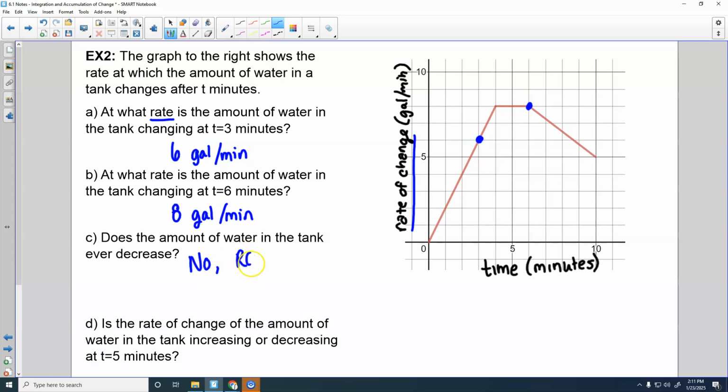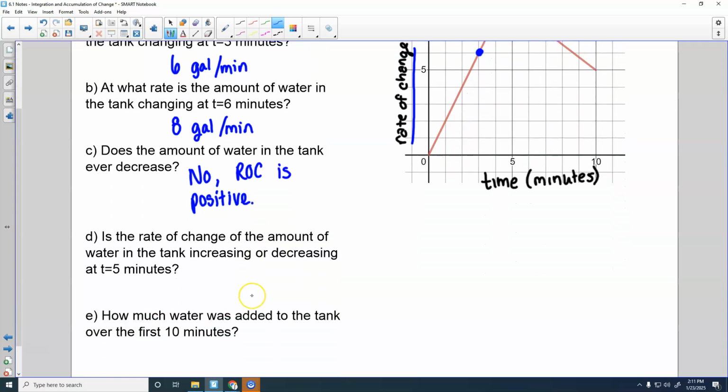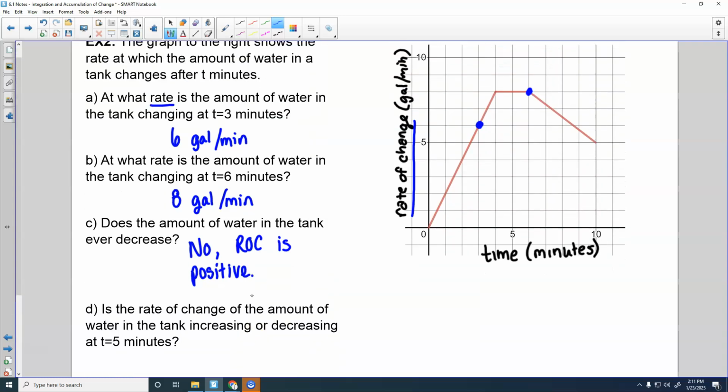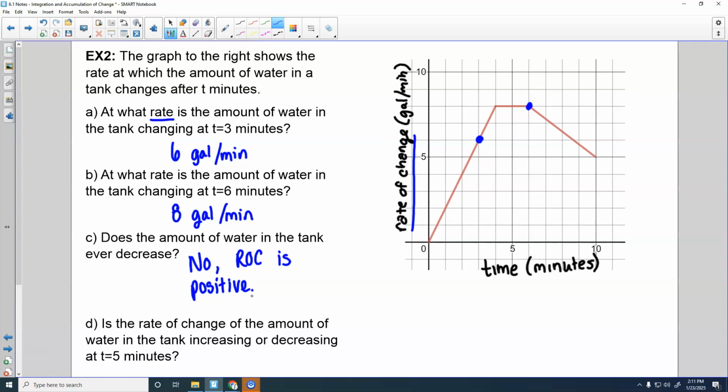I'm going to just say the rate of change is positive. Can you ever tell, from just this graph, how much water is actually in the tank? On this one, we cannot figure out how much water is in the tank because we don't know how much we started with.